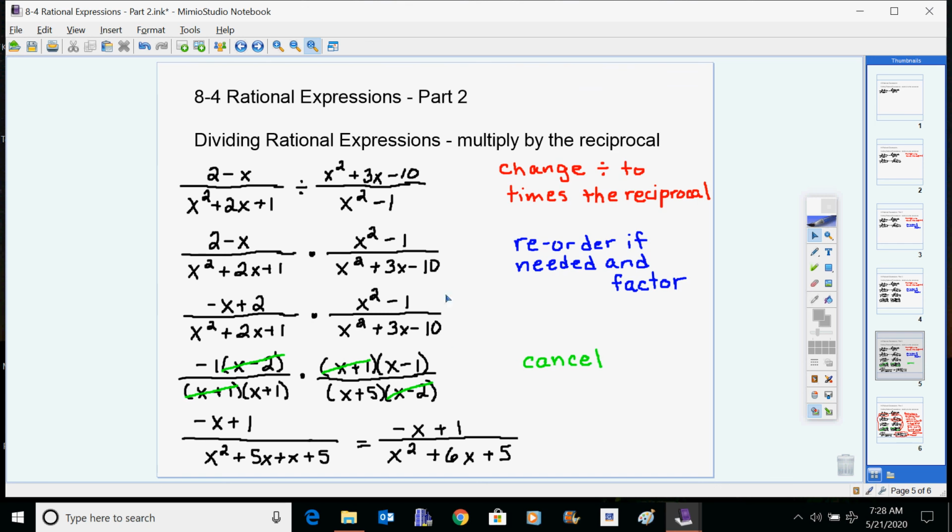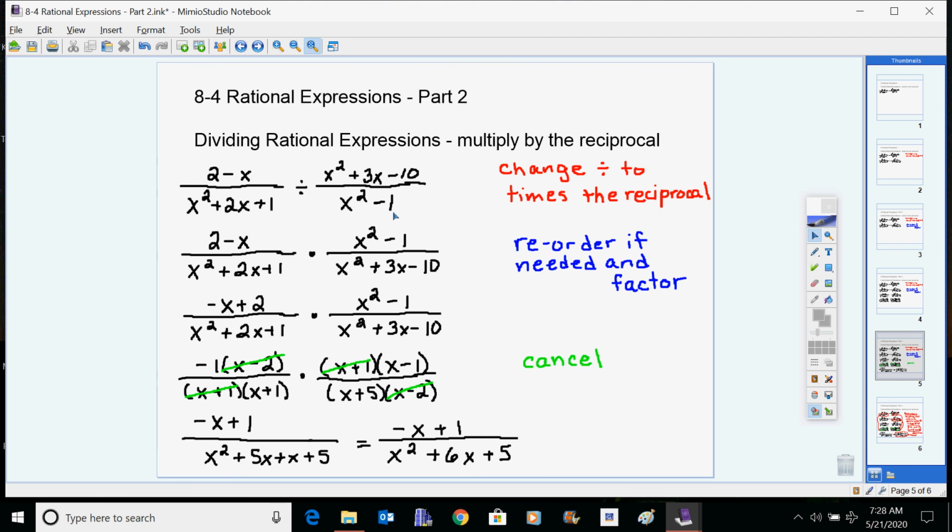And the restrictions are a little bit more intense this time because if there is a number that gives you a 0 in any denominator, whether it's this denominator or whether it's this denominator, those are all things that are going to be restrictions. So for example, if I'm considering this denominator, I'm saying that x can't be -1.